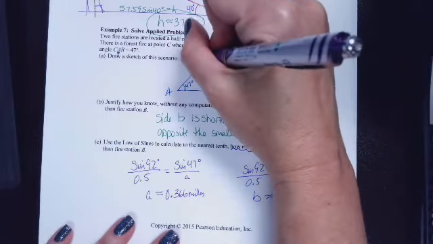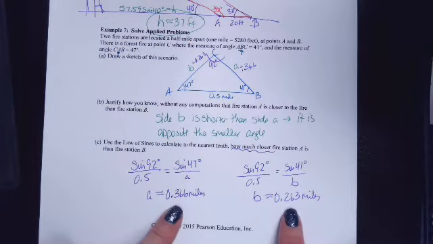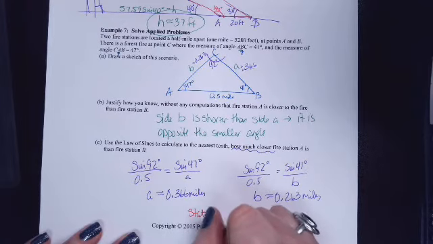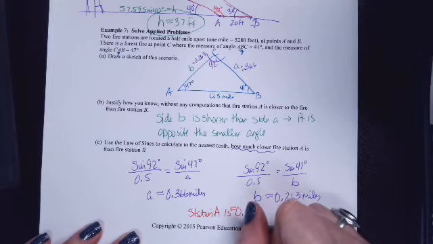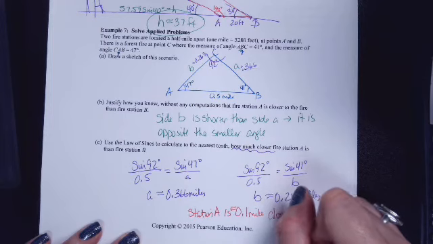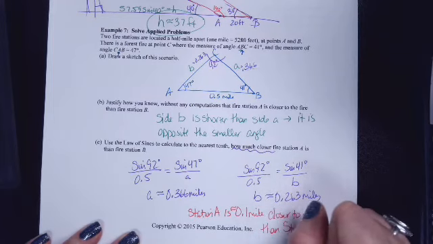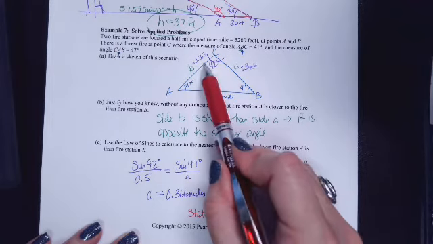So side B is about 0.263. When I subtract, I figure out that station A is about 1/10 of a mile closer to the fire, because that distance is just 1/10 of a mile shorter than the other.